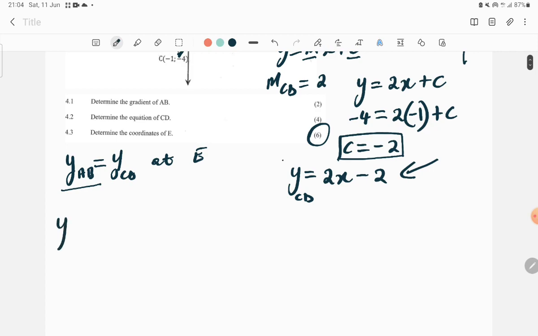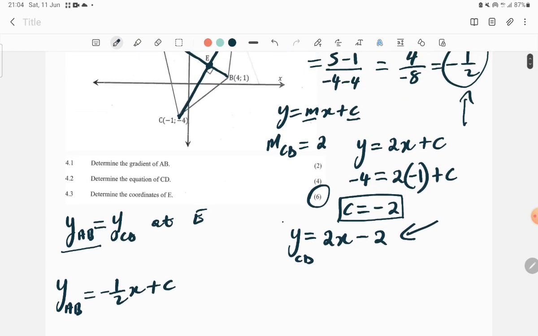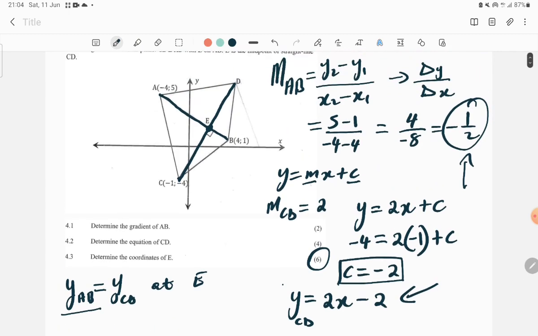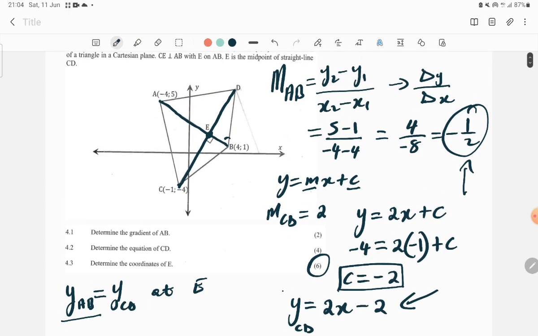Therefore the equation of AB is y equals negative half x plus c. To find the value of c, we have to use one of these coordinates. We either use the coordinates of B or of A, but we cannot use C because C is not on the line AB.